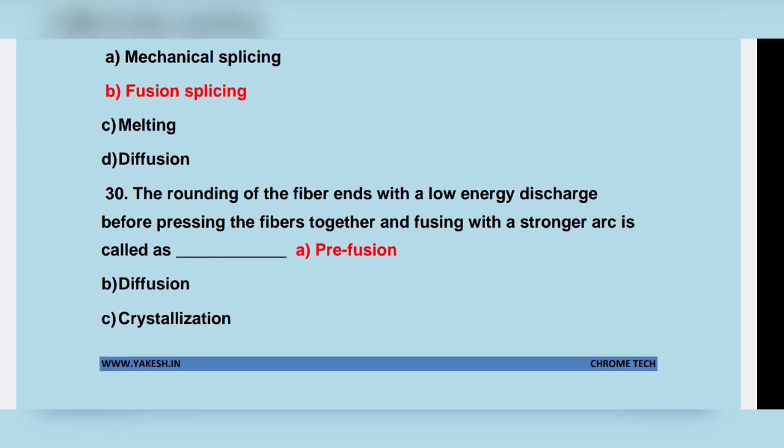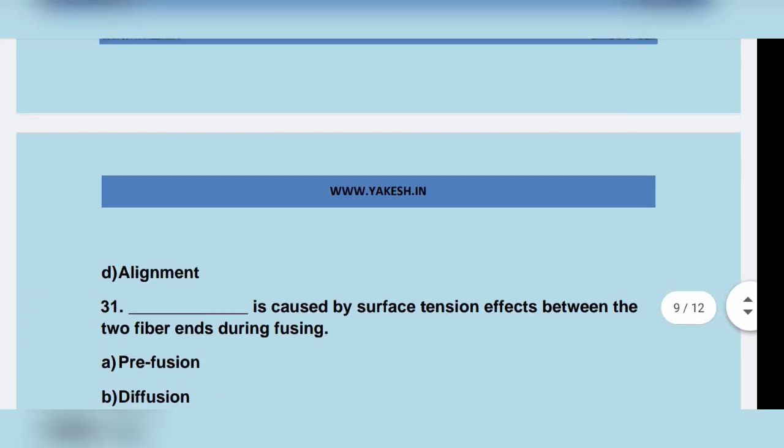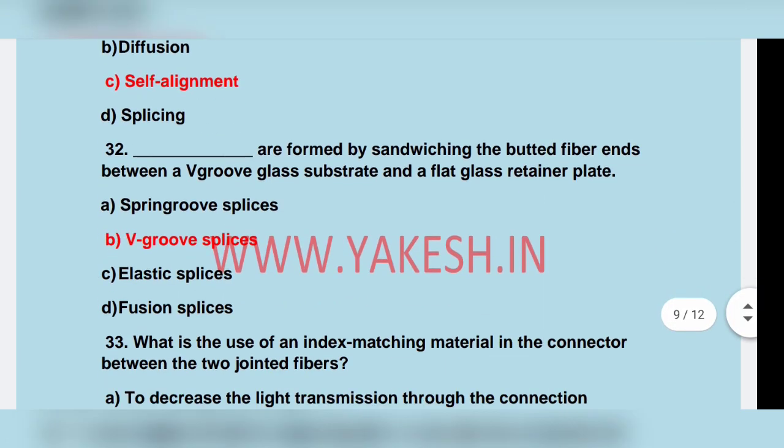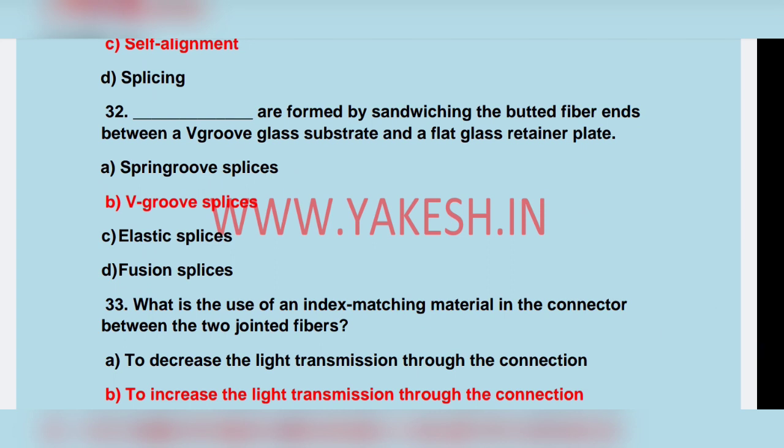The rounding of the fiber ends with a low energy discharge before pressing the fibers together and fusing with the stronger arc is called prefusion. Dash is caused by surface tension effects between the two fiber ends during fusion. Self-alignment. Dash is found by sandwiching fiber ends between glass substrate at flat.